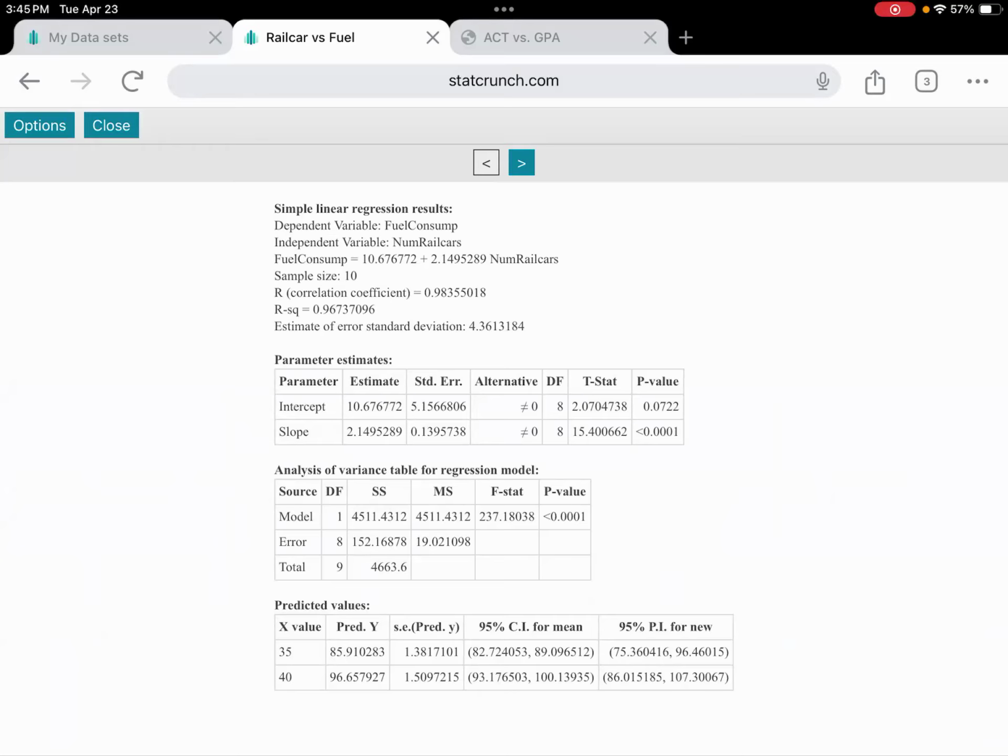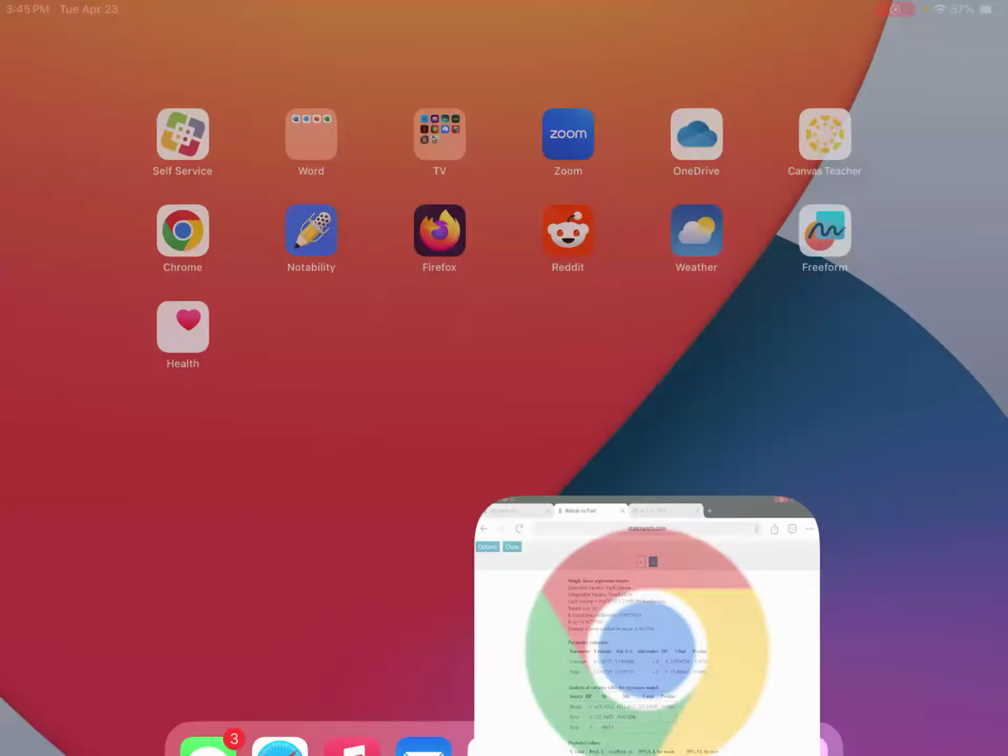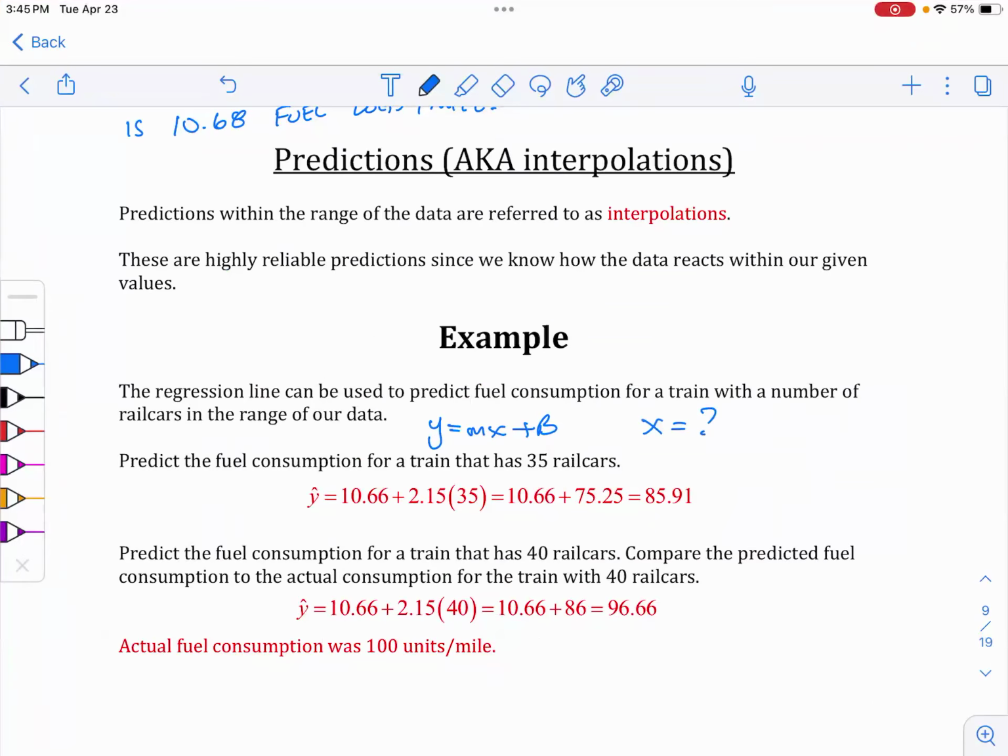For the value X equals 35, prediction of Y, 85.91, 40, 96.66. And notice, those are the values we had here, 85.91, 96.66. So StatCrunch will calculate those values very, very fast.